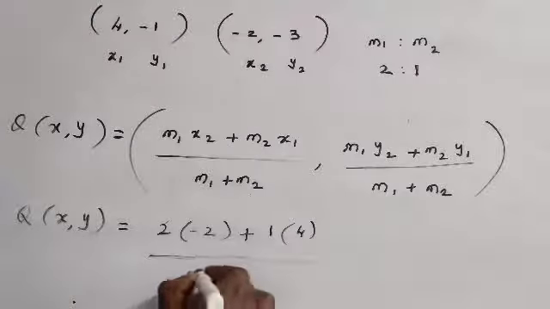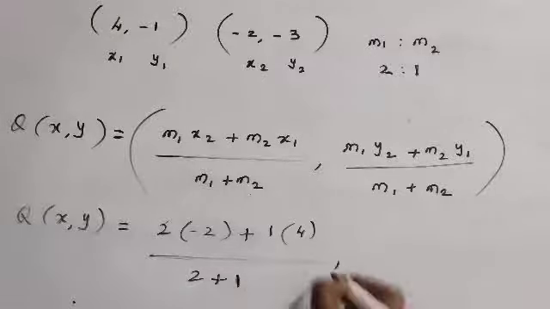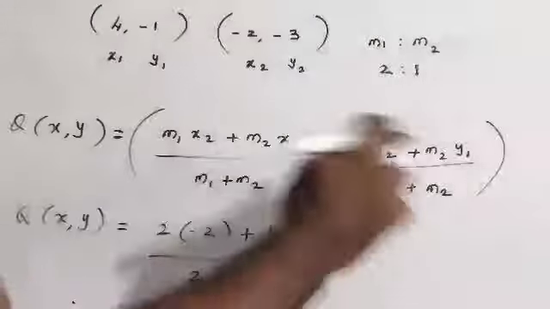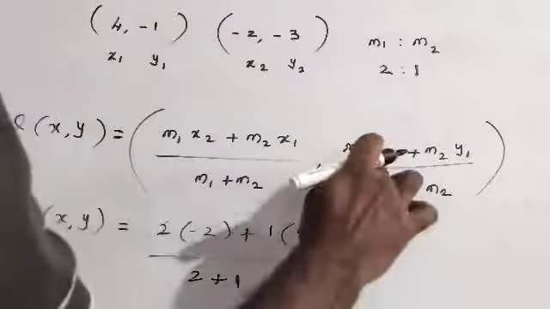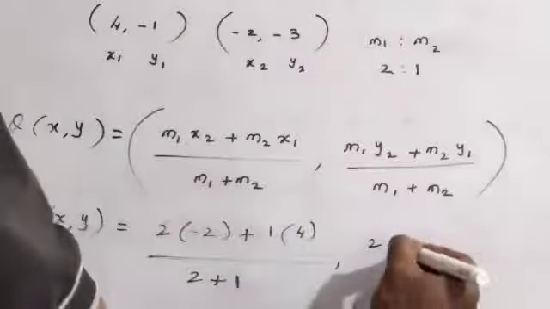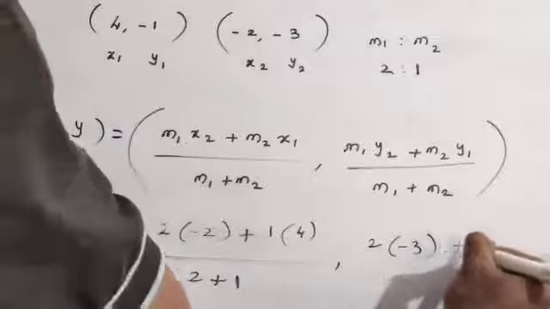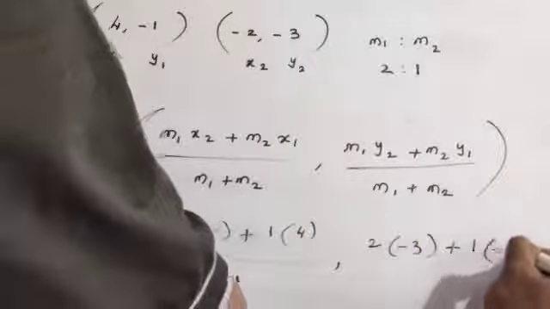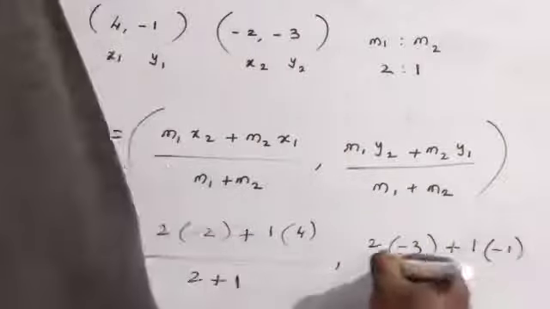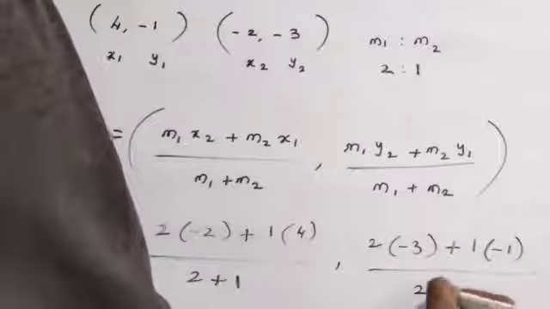m1 is 2, m2 is 1. m1 write 2, for y2 minus 3, plus m2, that is 1, for y1 write minus 1, by m1 plus m2, that is 2 plus 1.